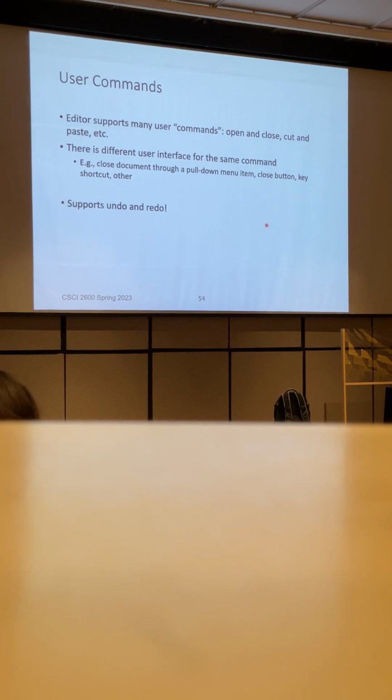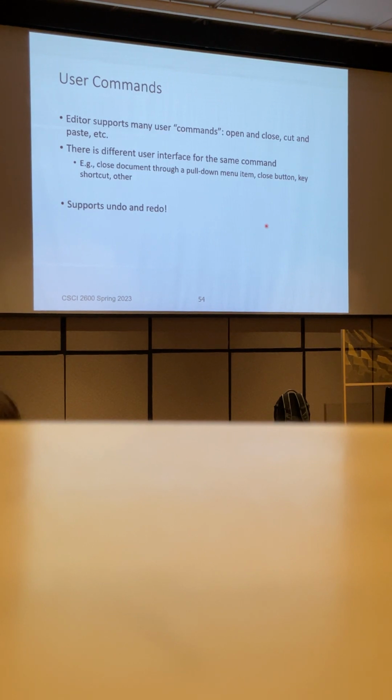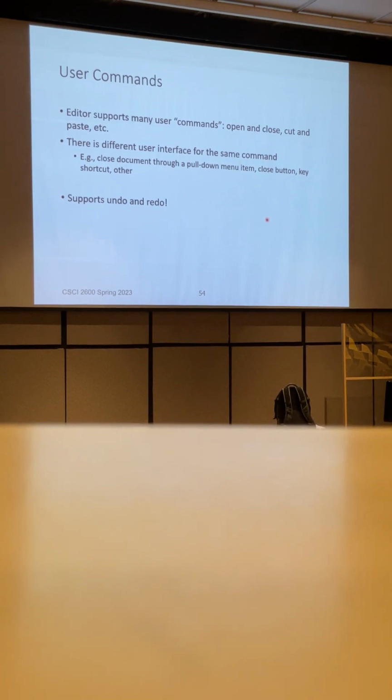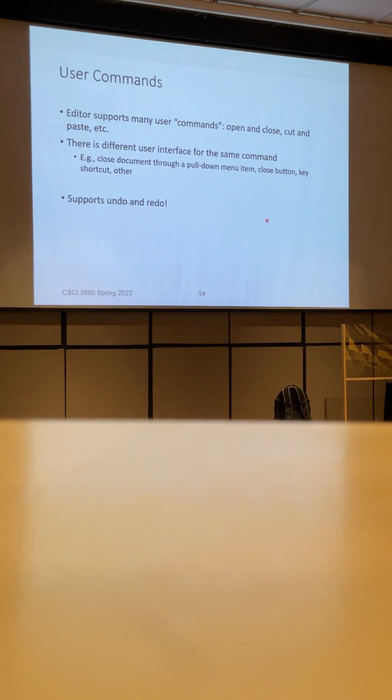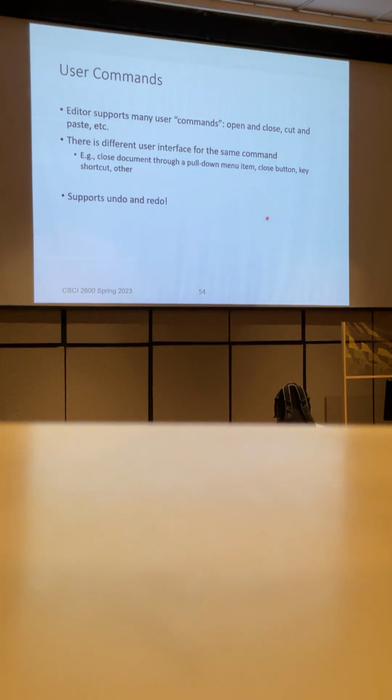So the idea is that there are multiple ways to invoke a command. Do we have to write the implementation of each command for each of the ways to invoke it? That doesn't sound like a good idea. It would be great if we could have just a general idea of a command, an action that does something to our application, and have it separate from the ways to invoke this command.